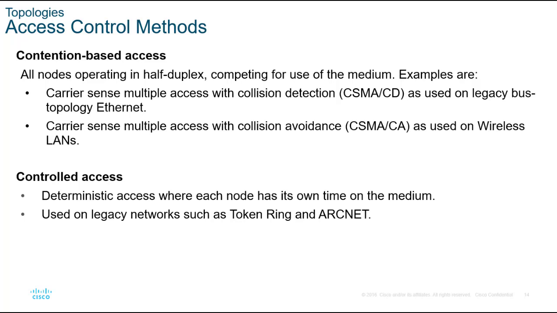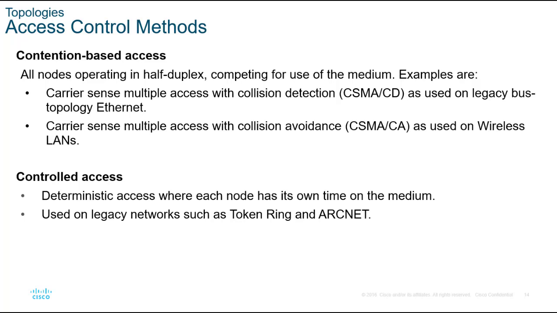Contention-based access is where half duplex nodes compete to use the medium, but only one device can transmit at a time. Contention-based access methods include Carrier Sense Multiple Access with Collision Detection, or CSMA/CD, which is used on legacy bus topology Ethernet LANs.